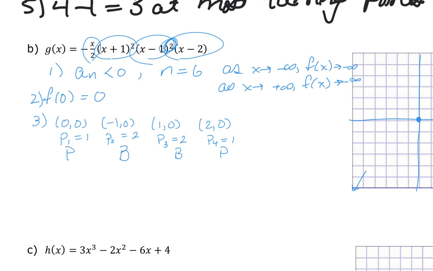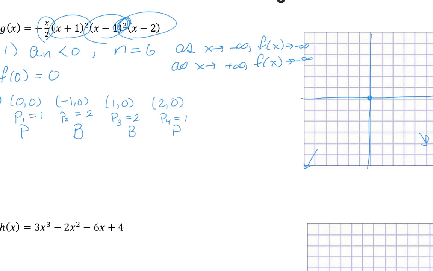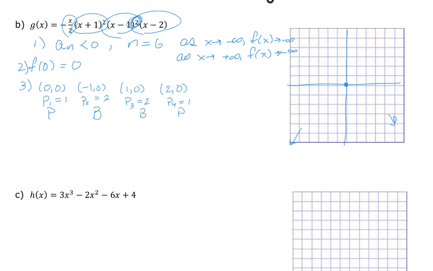So I'm going to go ahead and put all of those things in there. I'm going to come over here, and I've got 0, 0, and we know 0, 0 is a pass. We have negative 1, so this is negative 1 right here, and that's a bounce. We have a positive 1, so we'll make this positive 1, and that's also a bounce.